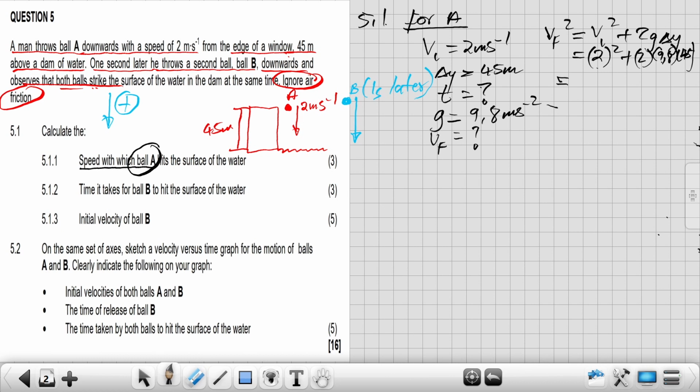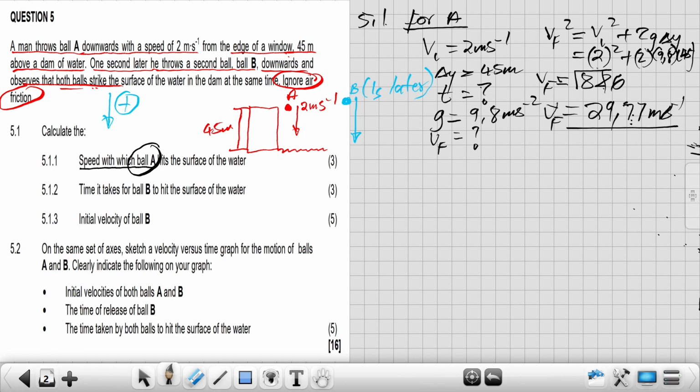I'm going to have 886, and then I'm going to take the square root, so my V final will be something like 29.77 meters per second.